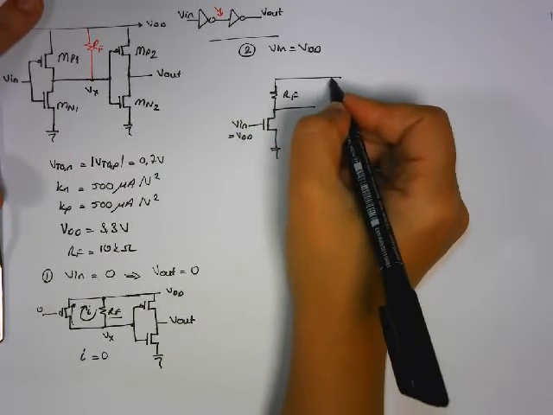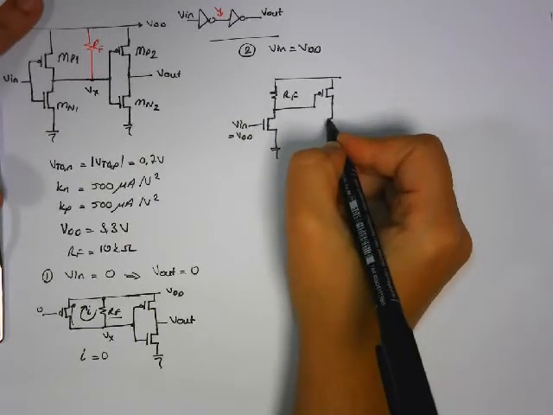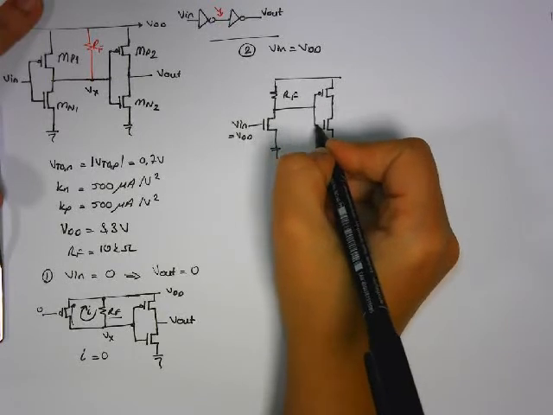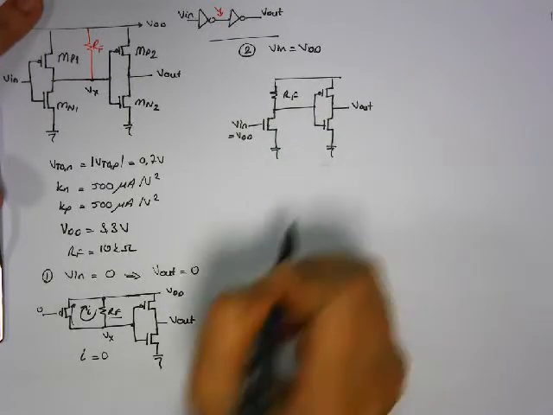After this point, we have another inverter. Here we are looking for V out.